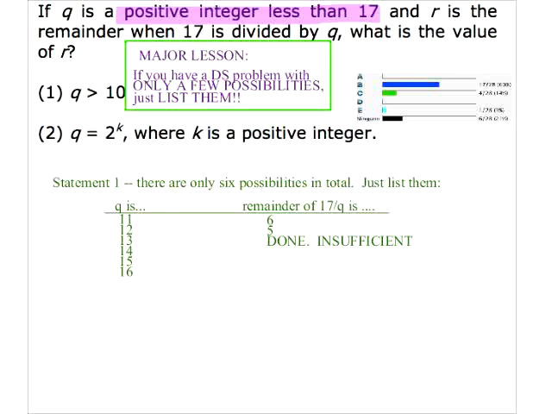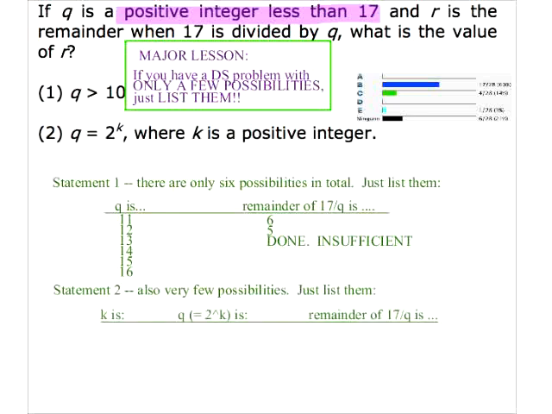Also very few possibilities, so just list them. There's not a lot of powers of 2 here. K is, so Q, which is 2 to the K, would become, and then the remainder of 17 divided by Q.